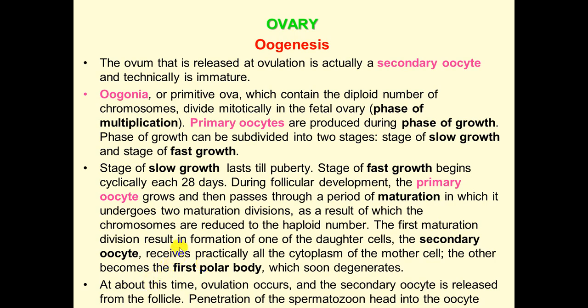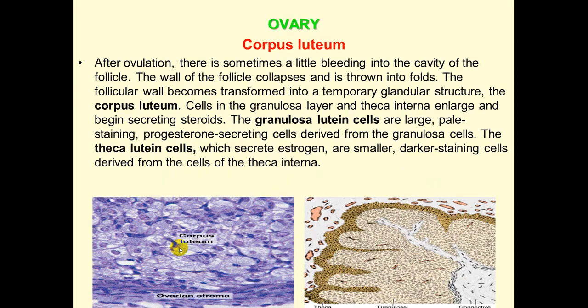After the second division of maturation, the mature ovum appears, now with the haploid number of chromosomes, and the second polar body appears, which also takes the haploid number of chromosomes. And this polar body is also very small and very soon degenerates.